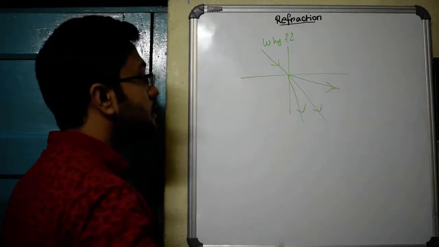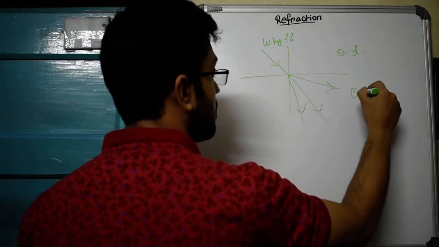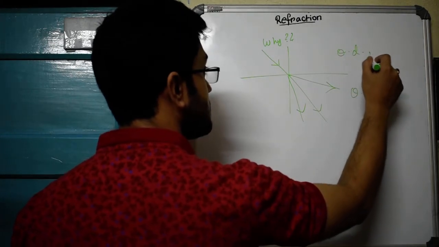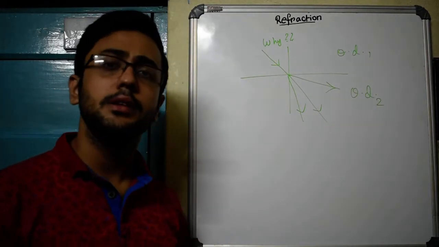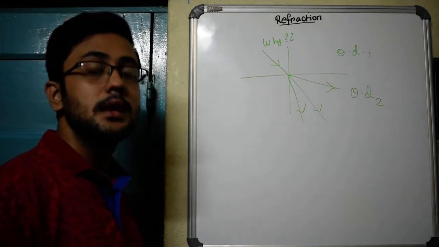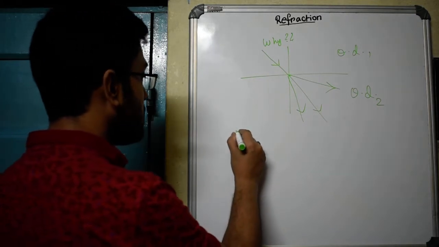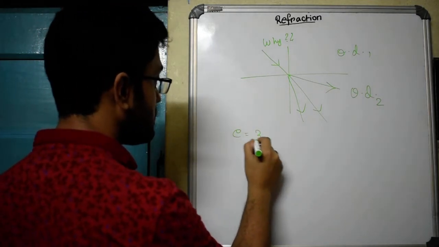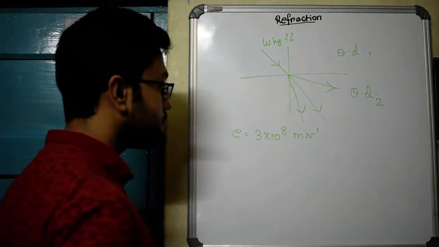The reason is that when I have two different media whose optical densities are different, say this one has optical density 1 and this has optical density 2, the speed of light changes. We know that the speed of light in vacuum is c equal to 3 into 10 to the power 8 meters per second.